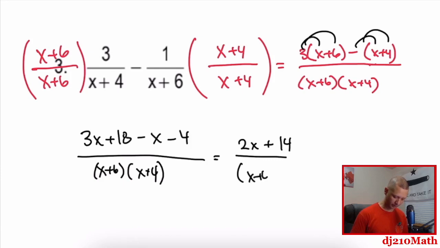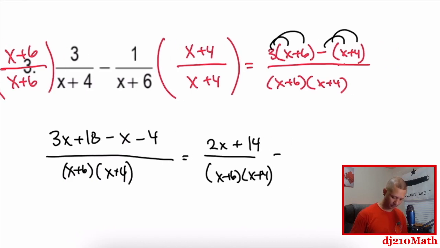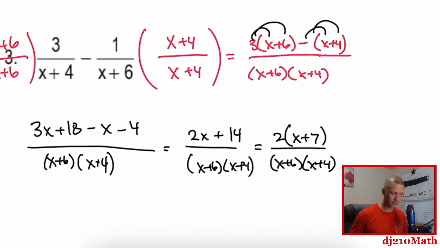Denominator, x plus 6, x plus 4. All right, factoring out a 2 from the numerator will give us 2 times x plus 7 over x plus 6, x plus 4. All right, nothing more we can do there.